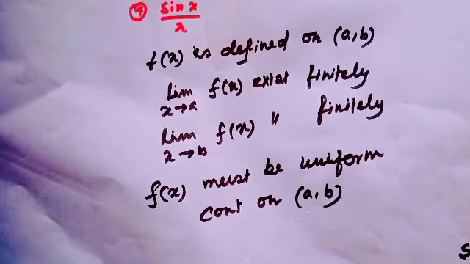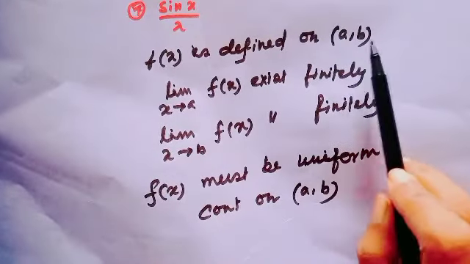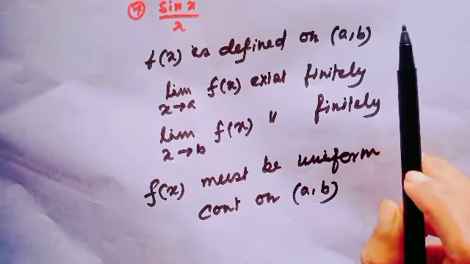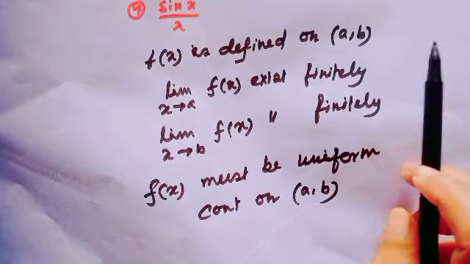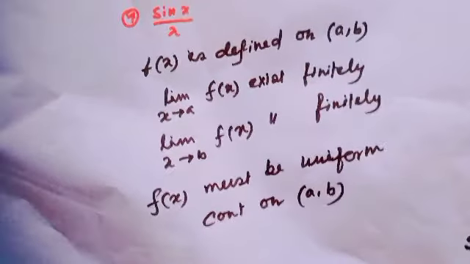Are you getting these rules? Okay. That means if the limit exists at the end points of the interval and if the given function is continuous, then this function must be uniformly continuous.